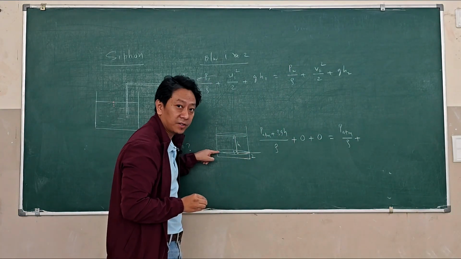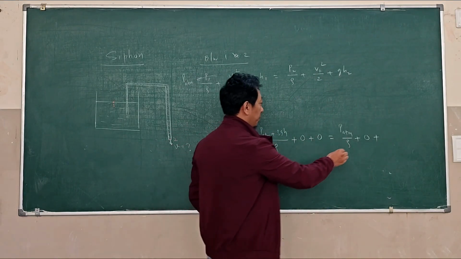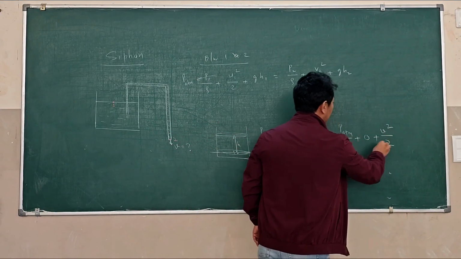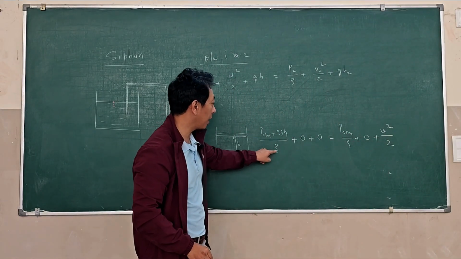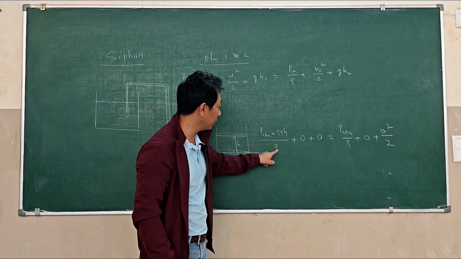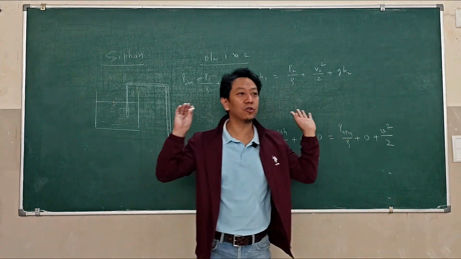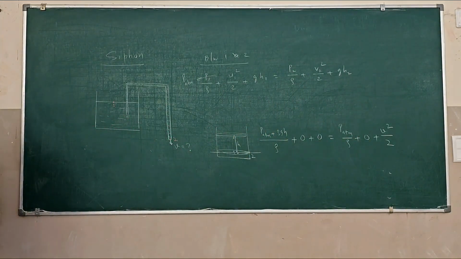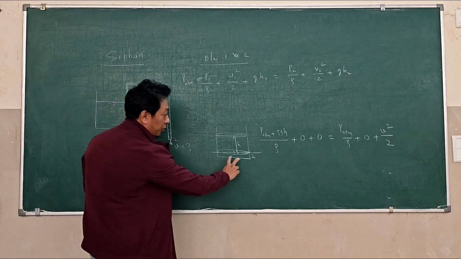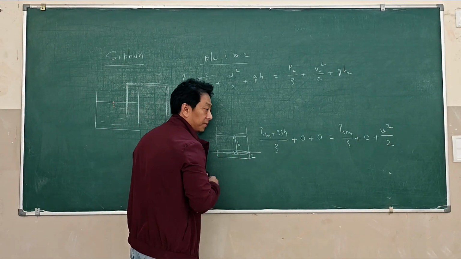This is also at reference. So GH2 is 0 plus V square by 2. Can you see the same answer will come? P atmosphere by rho cancels. Rho GH by rho cancels. GH equals V square by 2, cross multiply, V equals root of 2GH. Same answer. So I can choose these 2 points also to derive the velocity of efflux.